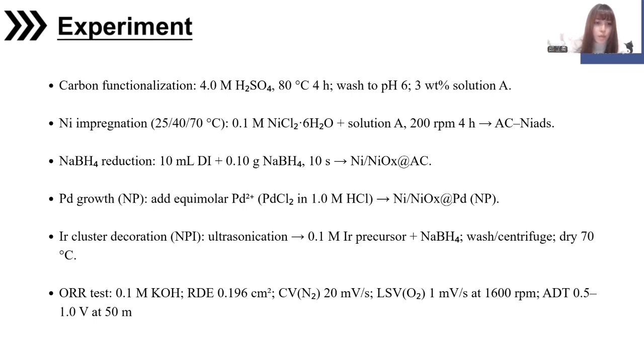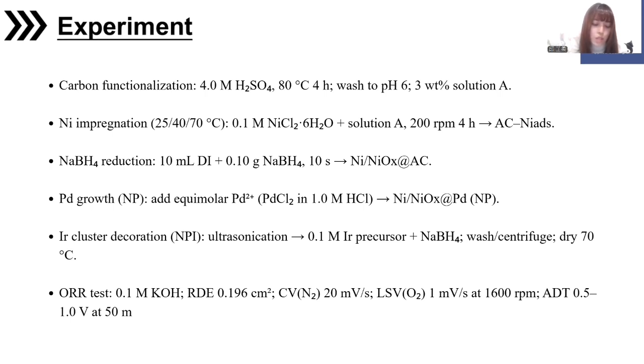Finally, iridium clusters are decorated. The MP sample is first ultrasonicated to create defect sites. Then an iridium precursor is added and reduced by sodium borohydride to anchor atomic iridium clusters on the surface.